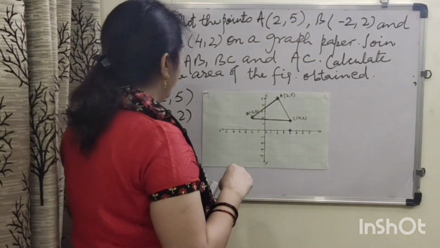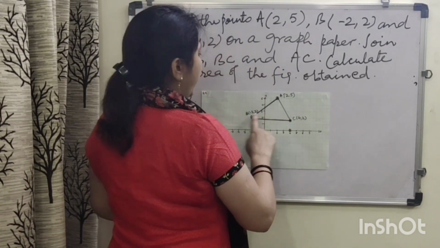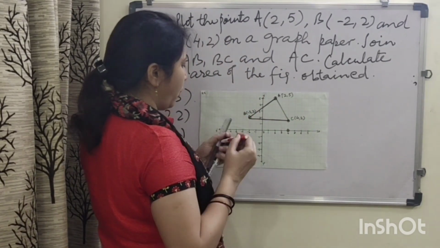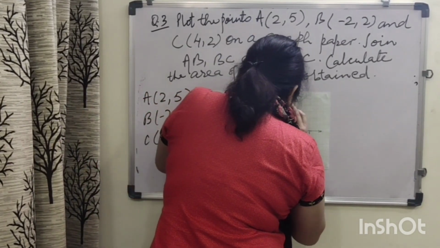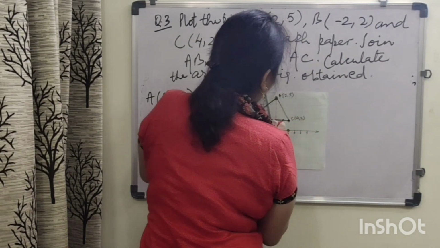So what we do here, how much distance we have as a base? From here only you drop a perpendicular which will work as an altitude. This is the height of the triangle.